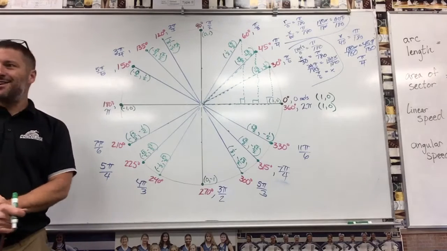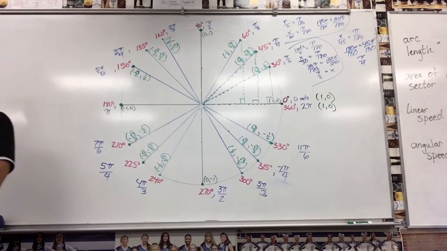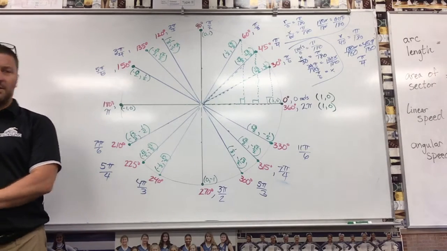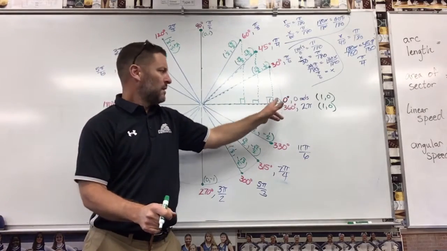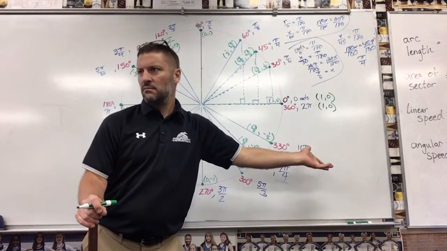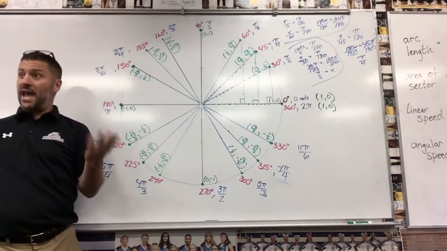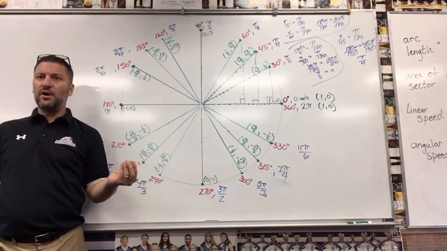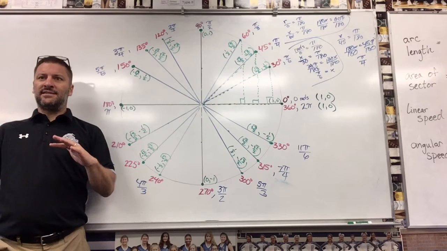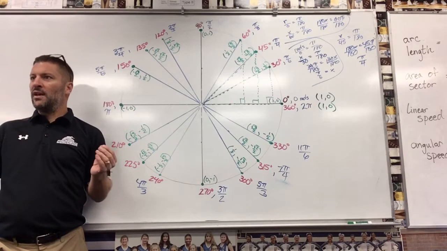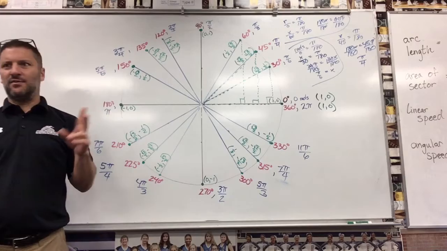Another thing that I notice, there's really only 3 numbers if you don't count the quadrants. Actually, there's 4. There's 1s and 0s at the quadrant spots. But then it's either 1/2, root 3 over 2, or root 2 over 2. And if you can memorize this, it really helps.